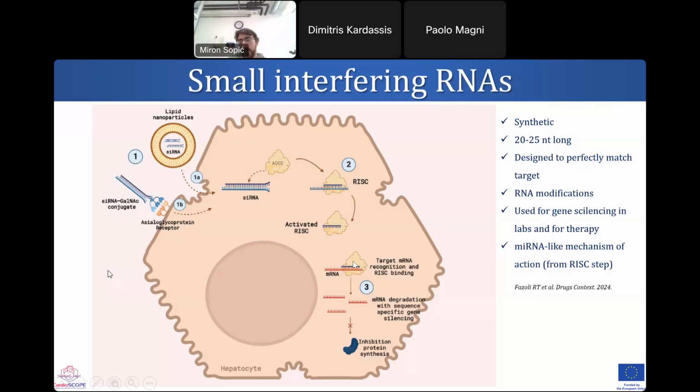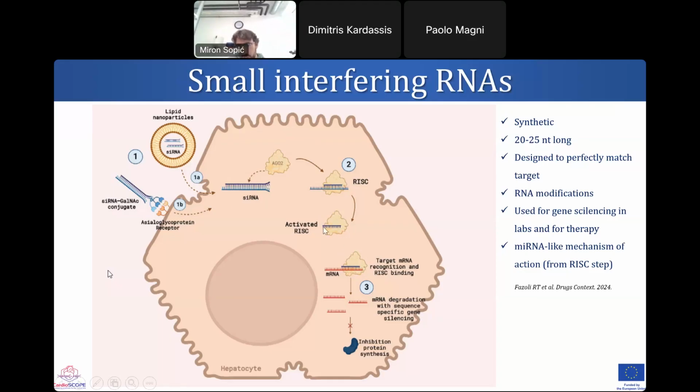What is going to happen is that, because a small interfering RNA is a duplex, you again have a 5p and a 3p arm. They are going to be loaded onto the RISC complex, which is the same mechanism used by microRNAs, and then the activated RISC is going to find its target.